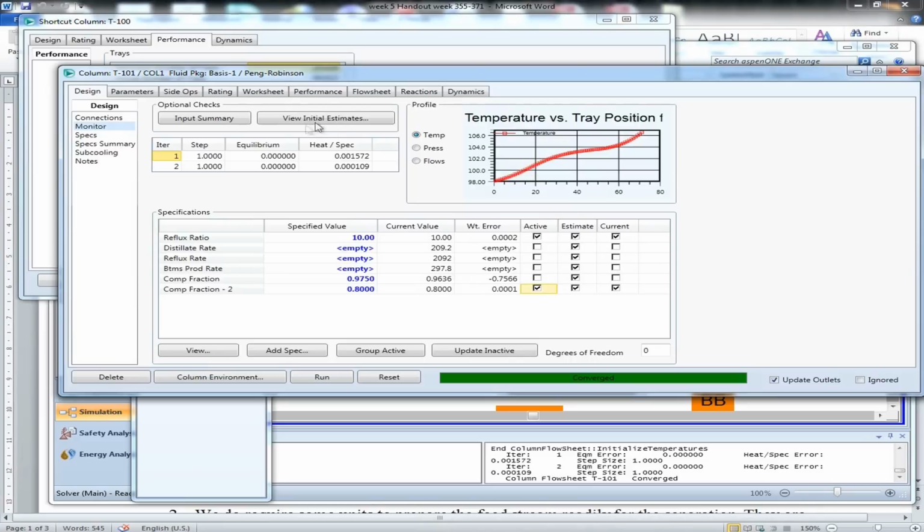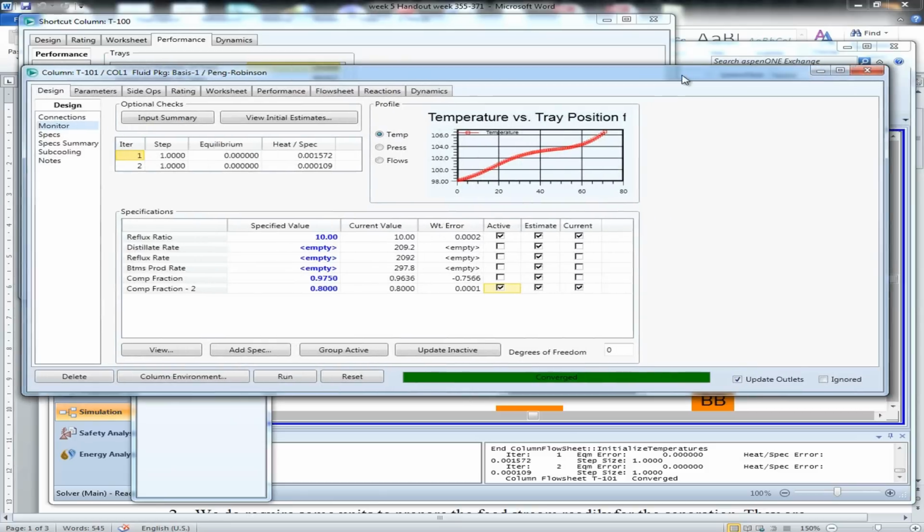So let's see what we have here. We have the temperature profile. If we have a side stream, for example for a refinery, we can just take the products off. You can make a decision on which stage we can take the product off.